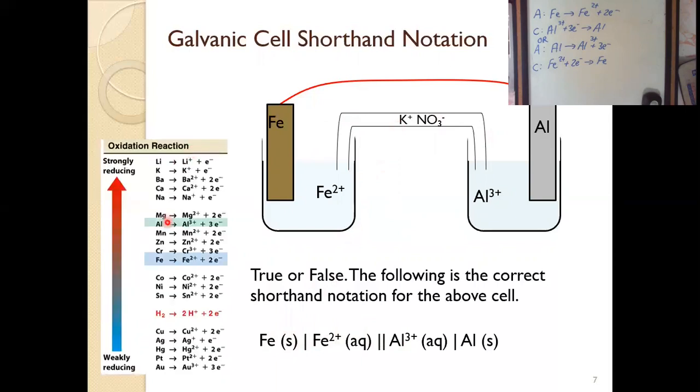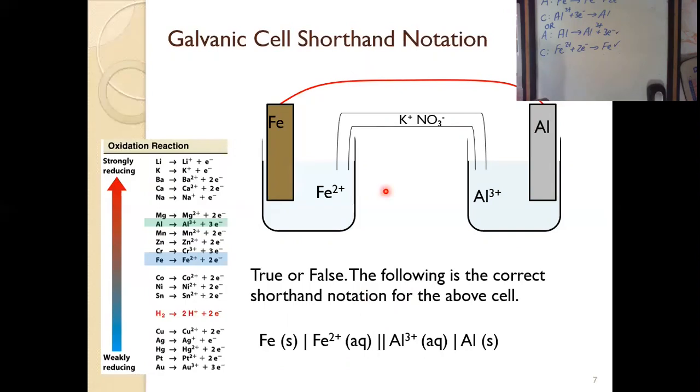And when we do so and find aluminum and iron, notice that aluminum is above iron, which means that aluminum will spontaneously reduce iron 2+ ions, which means that the actual spontaneous reaction is the one in which aluminum is oxidized and iron is reduced. So as a result, this is a false statement.